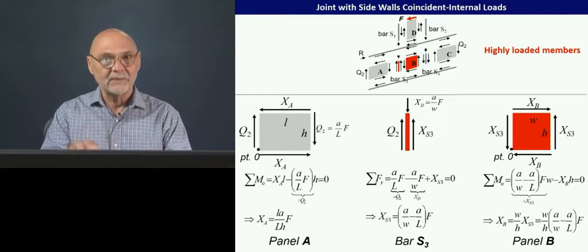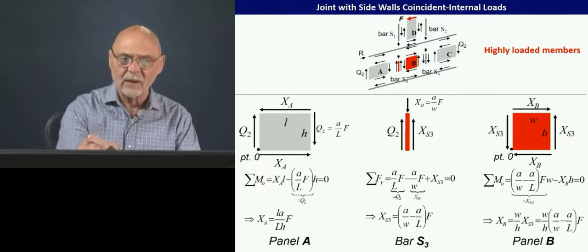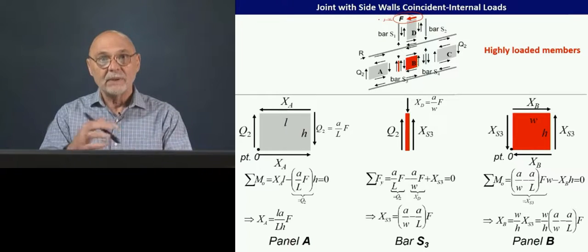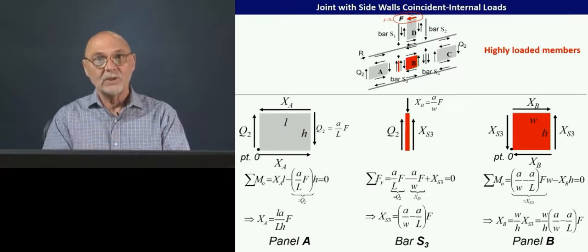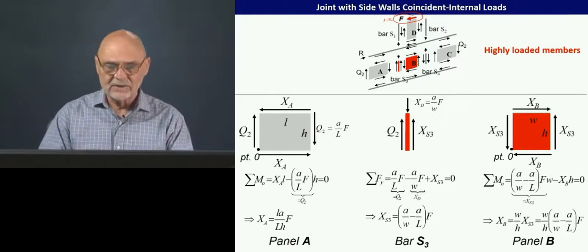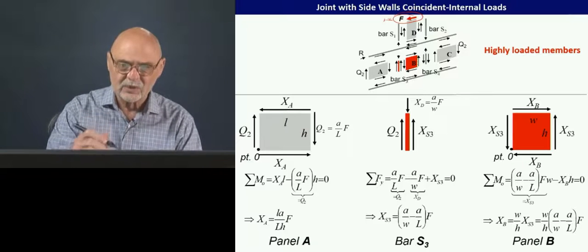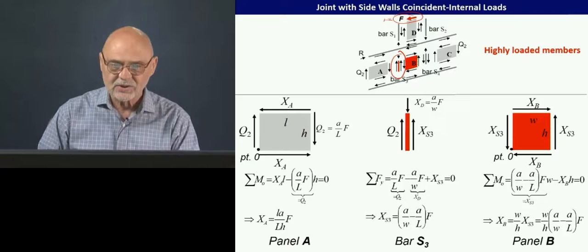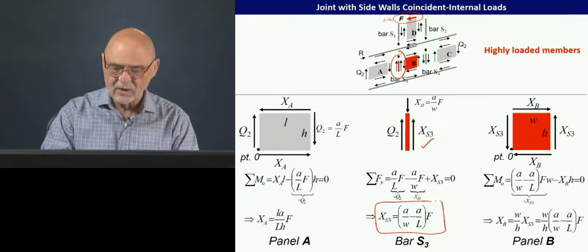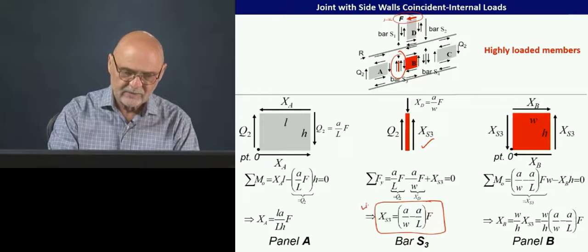So the objective of this little exercise was to say, if we know how big this applied force is, how big are the forces flowing through the different elements of this joint? What we find from this analysis is that there are two that are particularly important. This little bar S3 right here has very big loads, so this is very large.